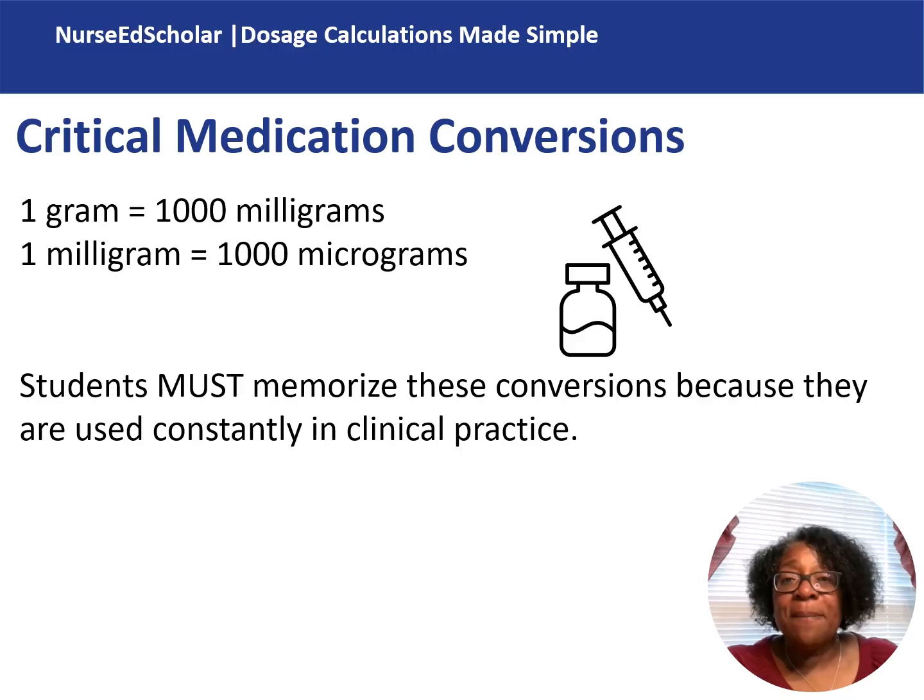For every 1 milligram, there are 1,000 micrograms. So it's like gram is the biggest, then milligrams, then micrograms. Okay. And that is why conversions are so critical in nursing. If you give someone 1 gram, but they were supposed to get 1 microgram, you can imagine that is a catastrophic medication error. Okay.